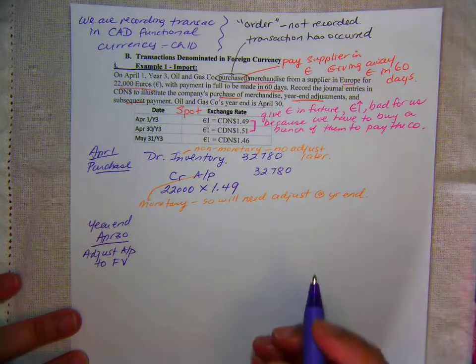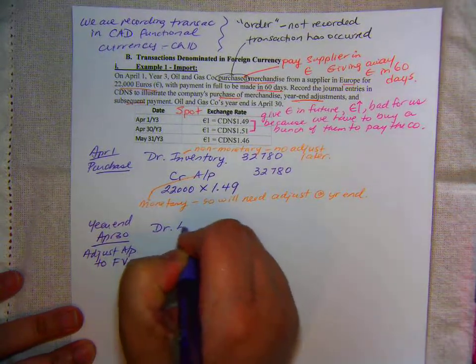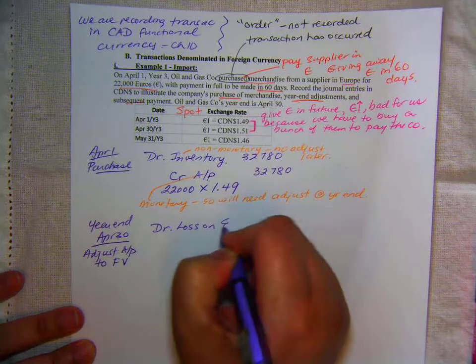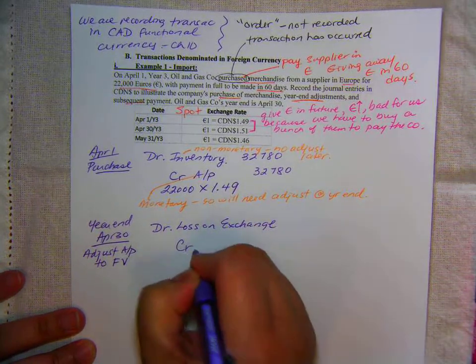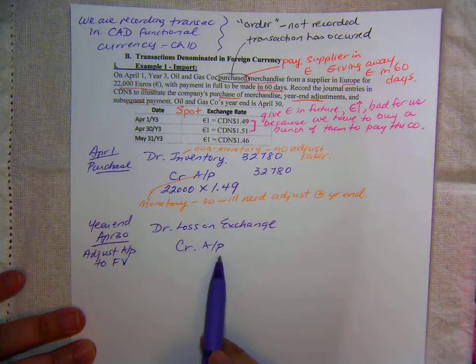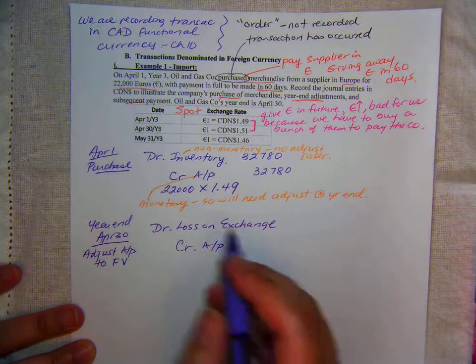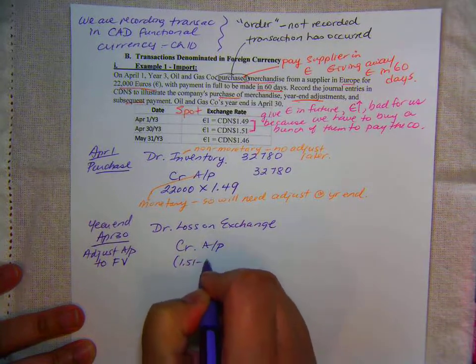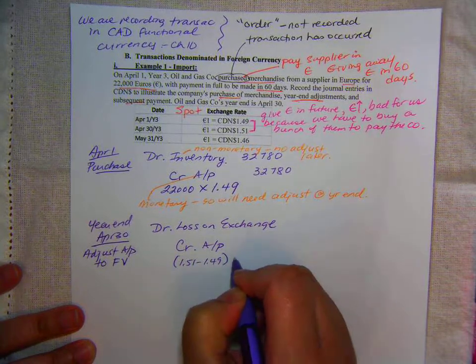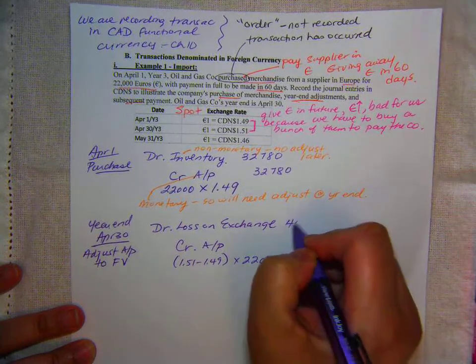That means we've got a loss. So we're going to debit loss on exchange and credit AP. Notice it's AP we're adjusting because it's monetary. We're not adjusting inventory. So we're just going to take the difference between the exchange rates. So 1.51 minus 1.49 times 22,000. And that works out to 440.